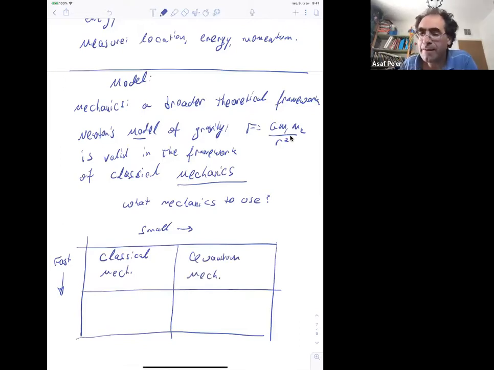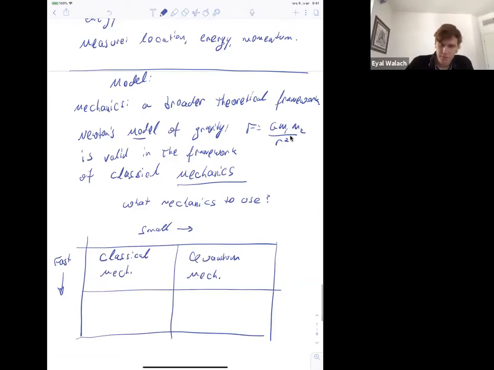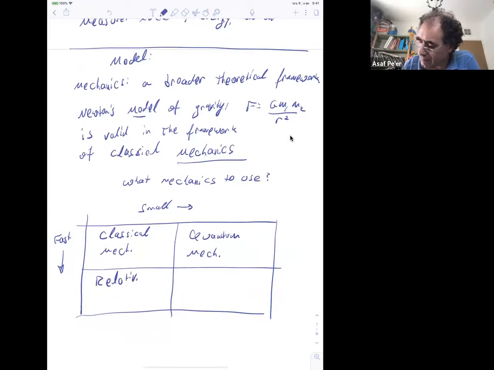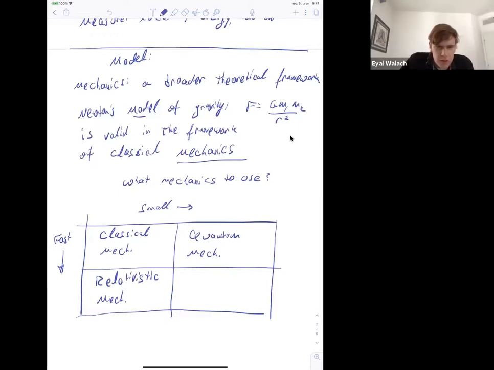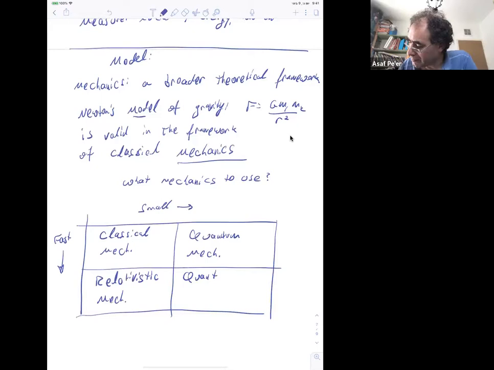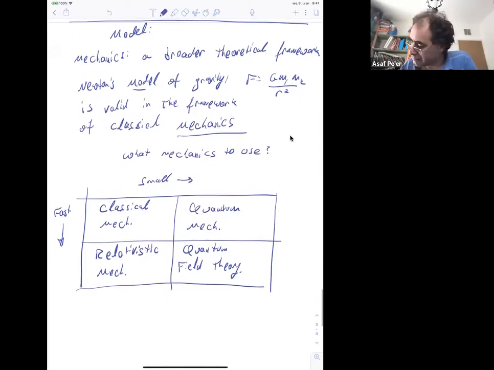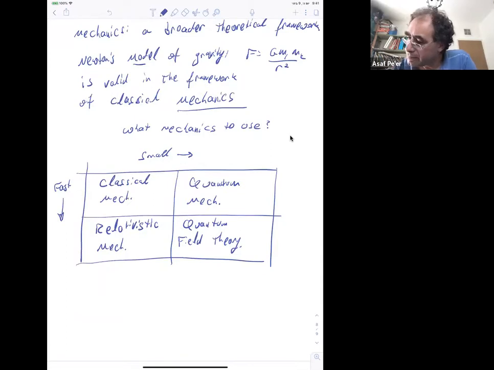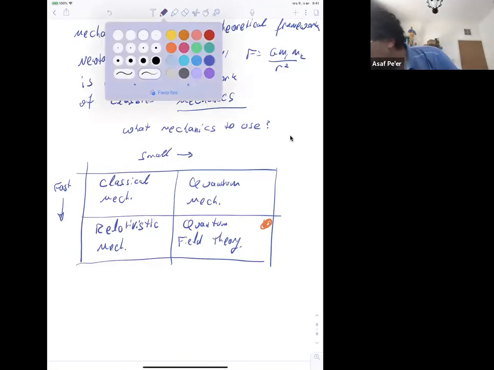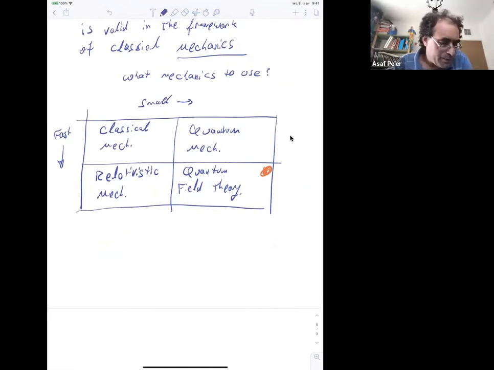If they are large but fast, special relativity. That's right, it's relativistic mechanics. And if they are both small and fast, our beloved quantum field theory. So we're here. Okay, so this is the mechanics that we're dealing with.